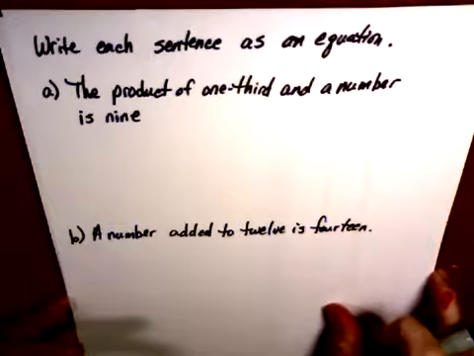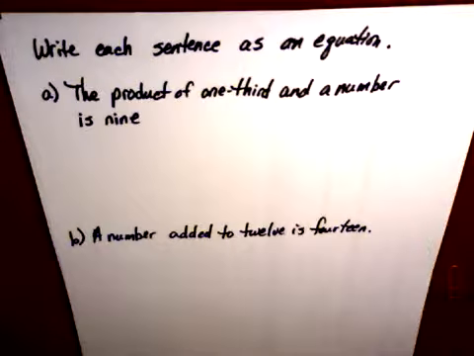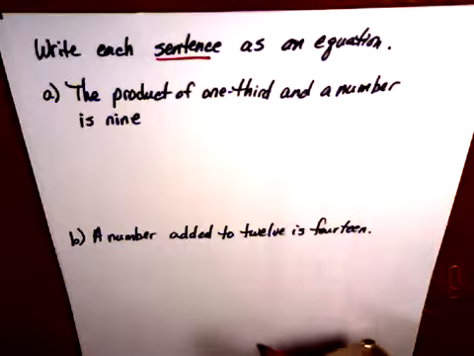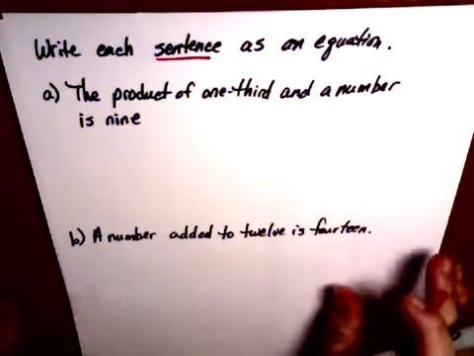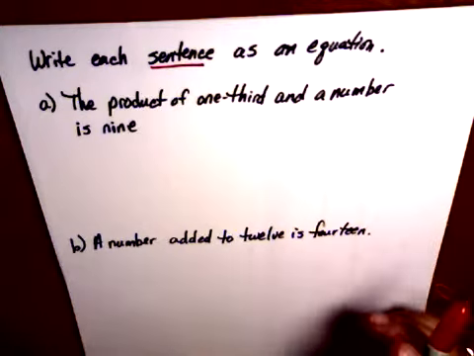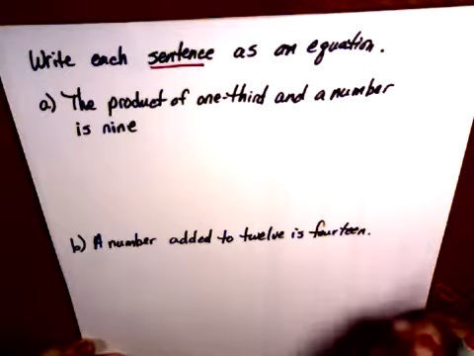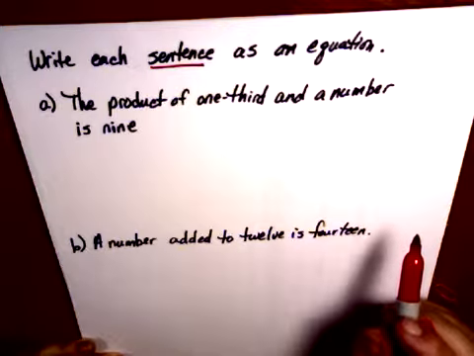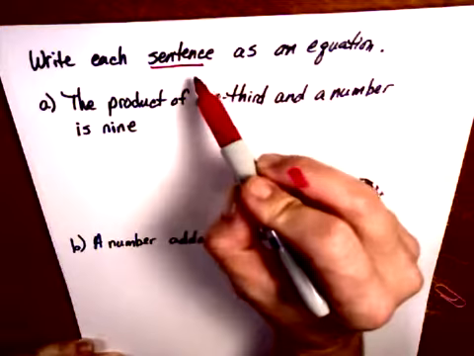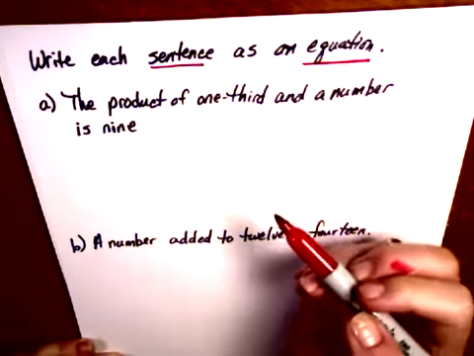All right, let's look at a few more. Here we say write each sentence as an equation. Now look at what we're doing. We have the word sentence. An English sentence would be like, the wet dog is muddy. Now we know a little bit more about the wet dog. We have that verb in there, is. Mathematically, a sentence is an equation.